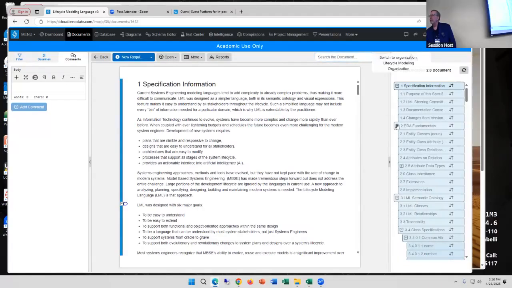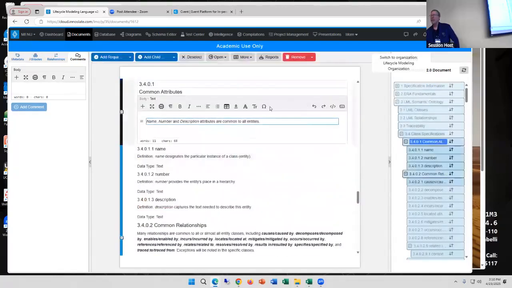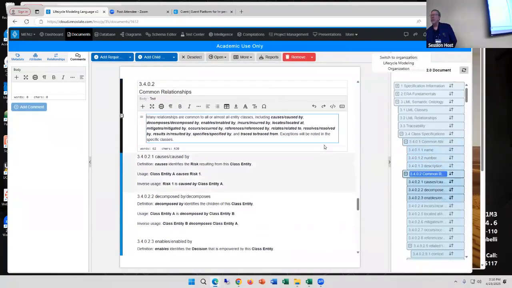Again, you can use this to navigate and simplify things. We grouped the common attributes here, name, number, description, so you can see what those are as separate things. Common relationships, similarly, and you'll see that there's a definition, usage, inverse usage.